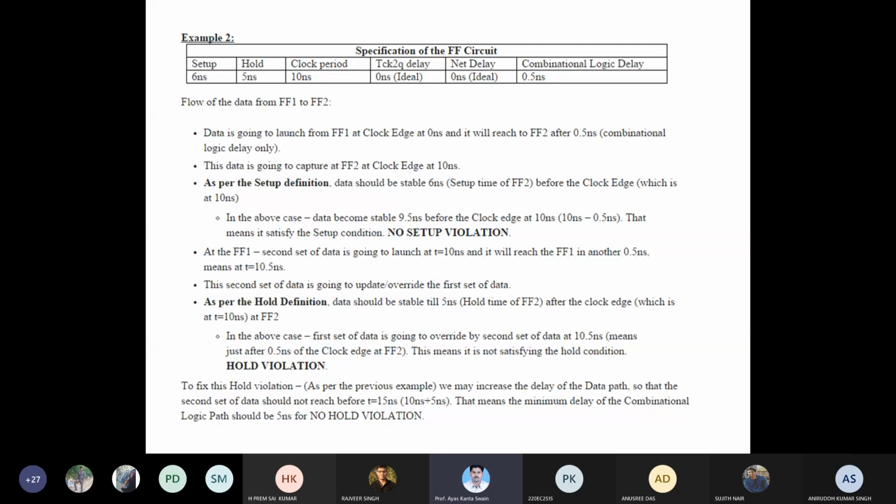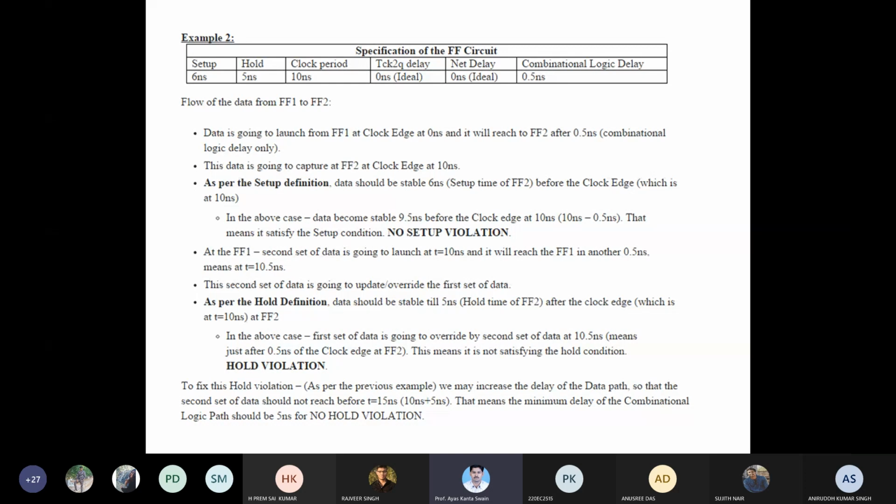But as the combinational delay is 0.5 nanosecond, the data launched at 0 nanosecond has reached after 0.5 nanosecond, before triggering of the second clock, which is at 10 nanosecond. So that's why, in bold, you can see there is no setup violation, slack is positive.